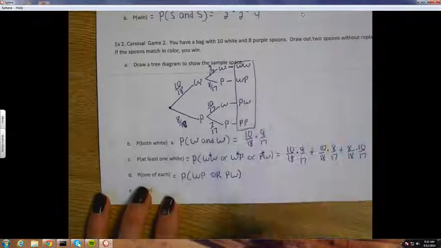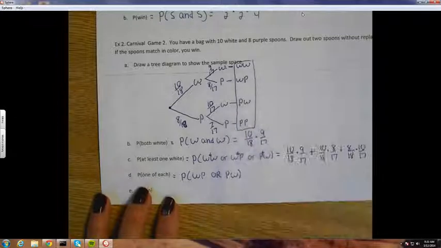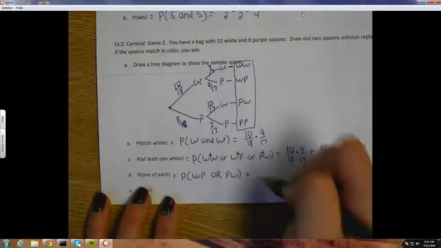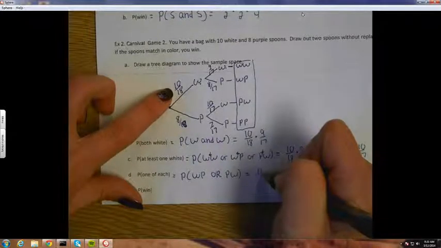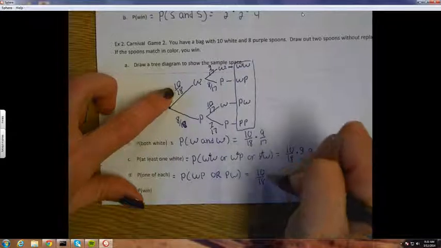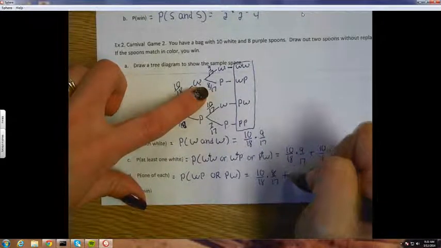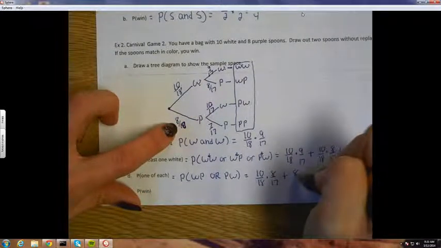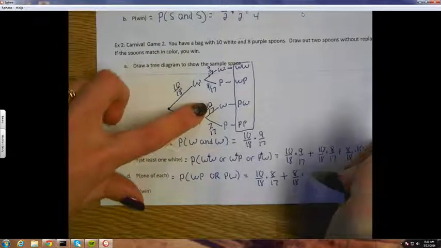There's one of each. If you look at the 4 outcomes, those are the only 2 that have one of each, so she's right. So now you just follow those branches out. Starting with the WP, 10/18. P is 8/17. Or, now we're going down here, 8/18. And white, 10/17.